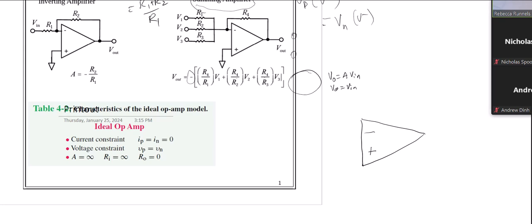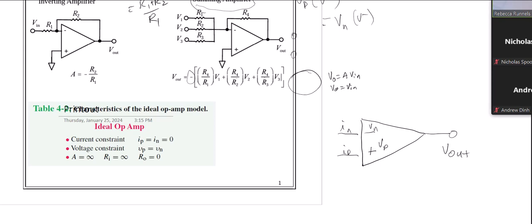What you have is that you've got your V out, and you've got a voltage at the positive and at the negative, so we'll call that VP and VN. And you have a current, you have IN and IP.